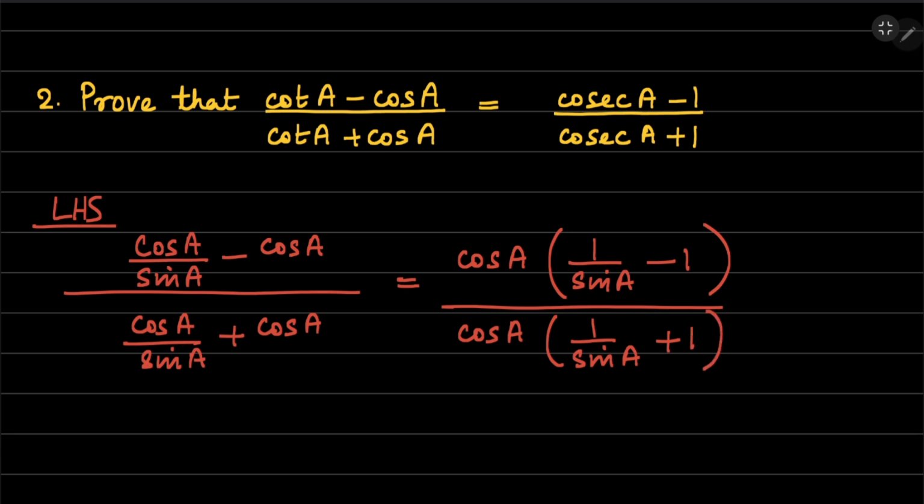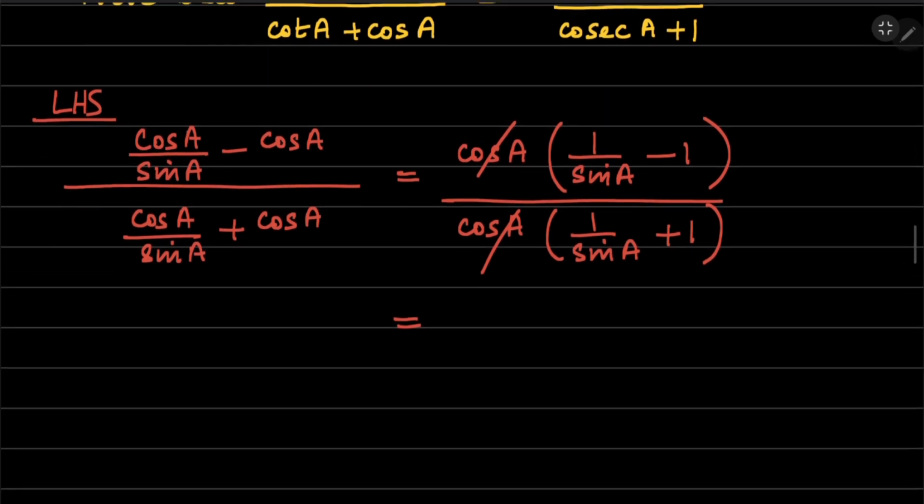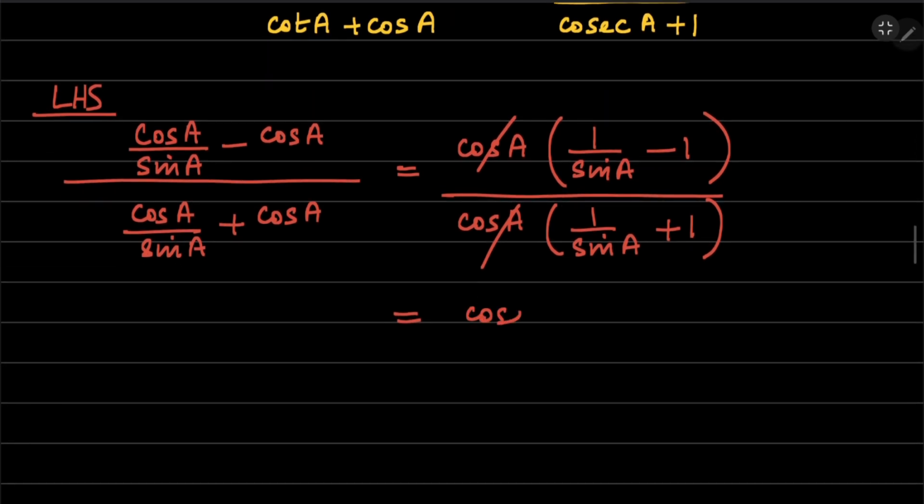Can you see a minus 1 and plus 1 here? Yes, so we have got. And what is cosecant? Cosecant is nothing but 1 over sine. So we have almost reached what we wanted, right? So 1 over sine is cosecant of A minus 1 whole divided by cosecant of A plus 1.